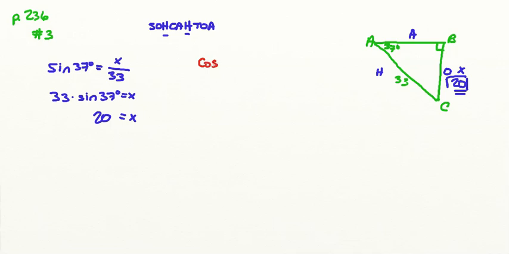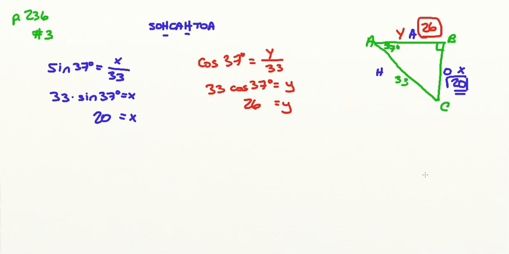I'm going to go cos 37 degrees. I'm going to label adjacent y. So it's y over hypotenuse, times both sides by 33. And use my calculator. 26.